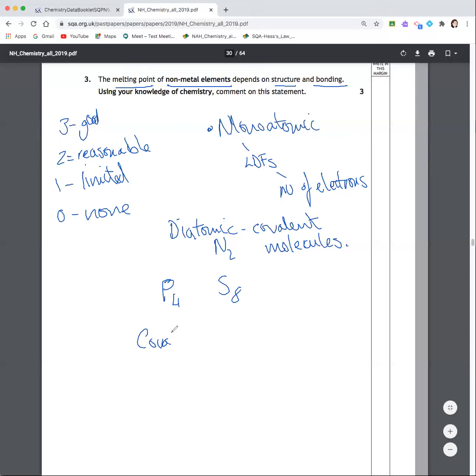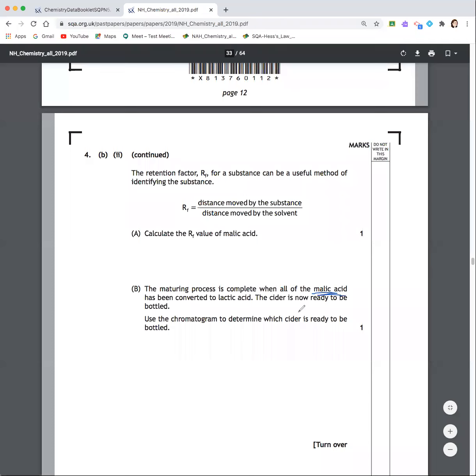Then part B, the maturing process is complete when all of the malic acid has been converted to lactic acid and the cider is now ready to be bottled. Use the chromatogram to determine which cider is ready to be bottled. So we're looking for there to be no malic acid because it's all been converted, but we do want there to be lactic acid.